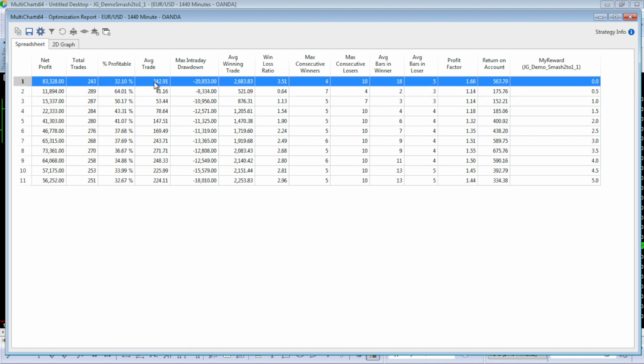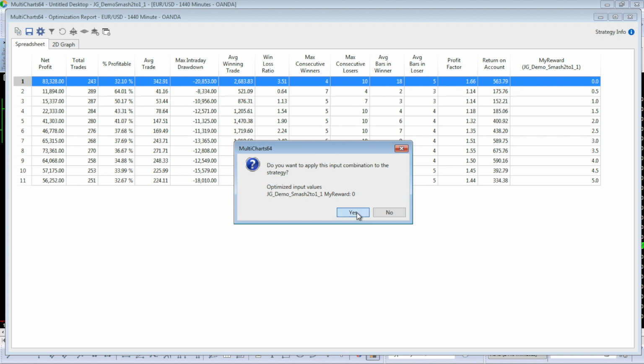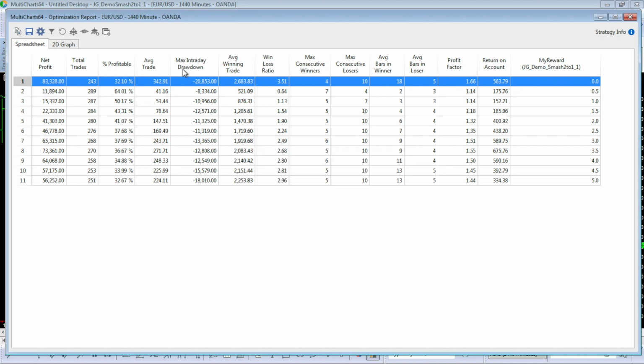But interestingly, the most profit is actually made using 0 as the input. Now, 0 as the input is using no profit target whatsoever. And remember, you saw an example earlier on pound dollar when I was using 3 to 1 that we didn't hit that 3 to 1 profit target when we were long because we got an entry to go short. And that's exactly what this is doing. In fact, if I select it, so remember, this is by far making the most money.